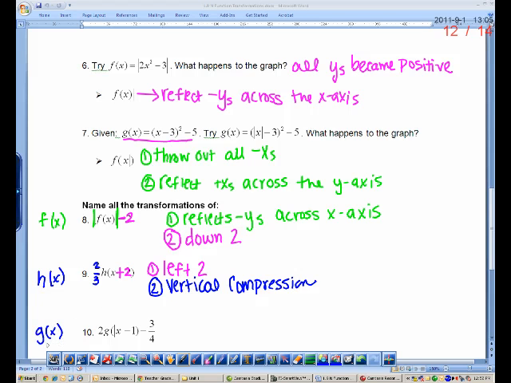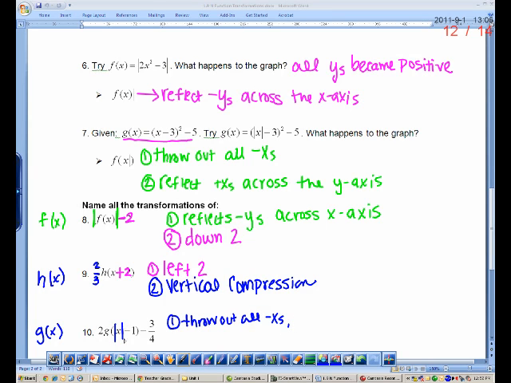What do you think is the first transformation we're going to need to perform? Good. All right. Look back at your notes and let's see what we're going to do. First, we're going to throw out all negative x's. And then what are we going to do? Nope.